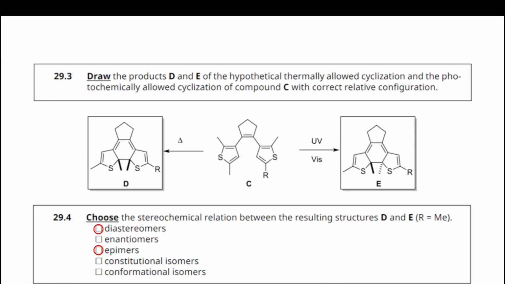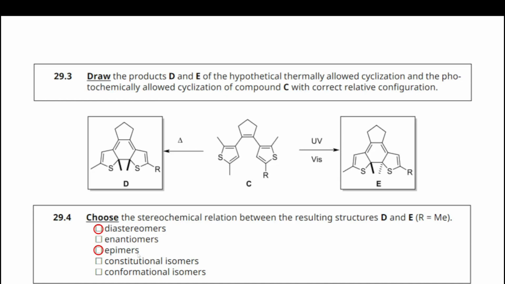So choose the stereochemical relation between the resulting structures D and E. Those are diastereomers for sure, because you see that we have 2 chiral centers and we just change one configuration, so they are not mirror images of each other, they are not enantiomers, but they are diastereomers, and also they are epimers.